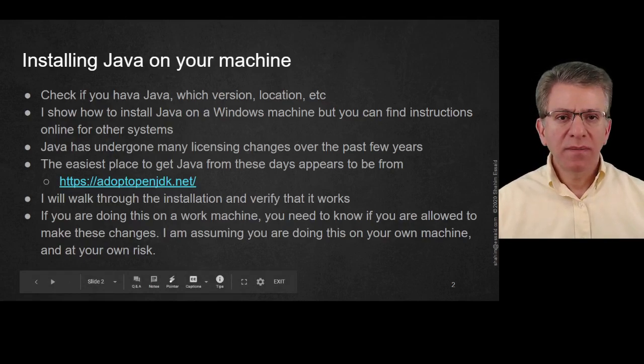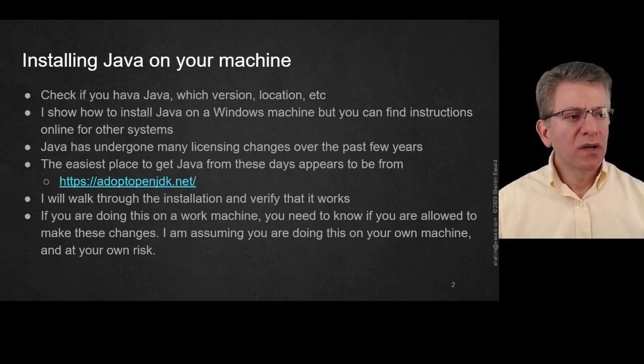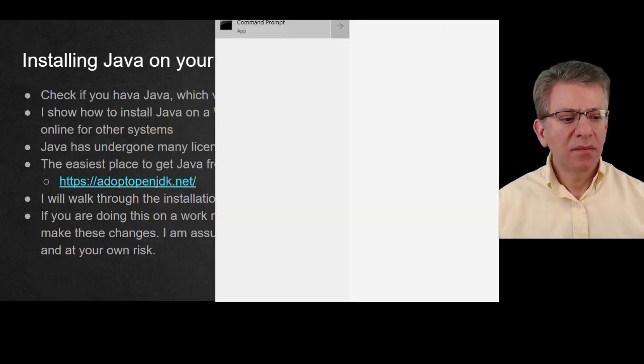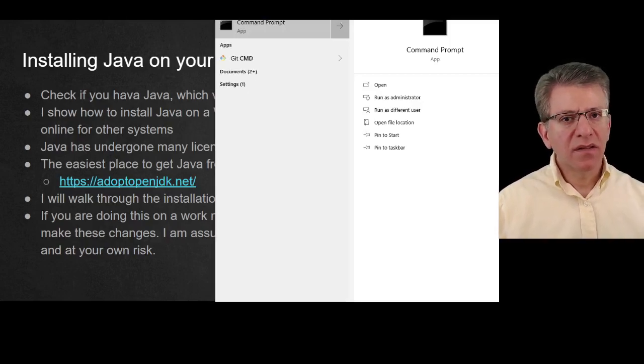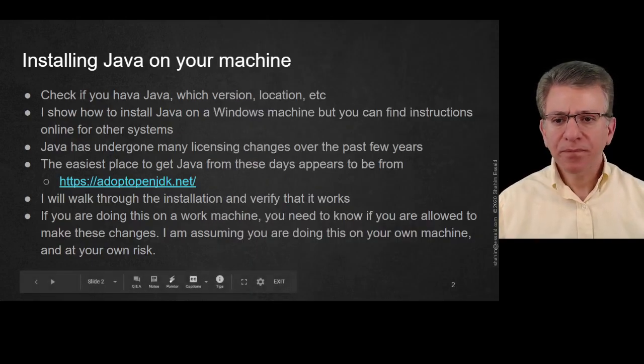So on a Windows machine, to check if you have Java, you want to open what's called a terminal, a command line. If you click on your Start button, or the little magnifying glass next to it, and just start typing the letters CMD for command, you will see a command prompt application option, and click on that.